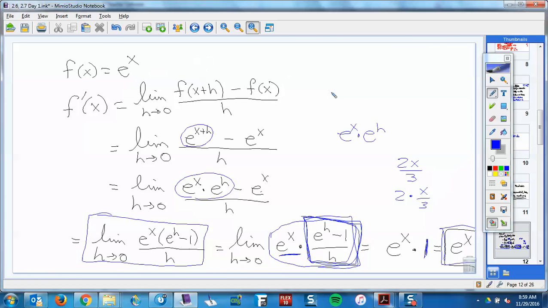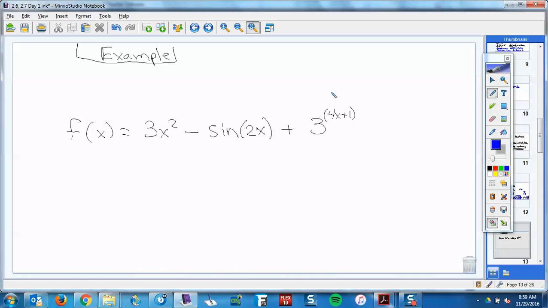So what's an example? On this next quiz, there's going to be a little bit of this, where you could have a problem or a couple problems like this where I just want you to do the derivative. So let's do f prime.